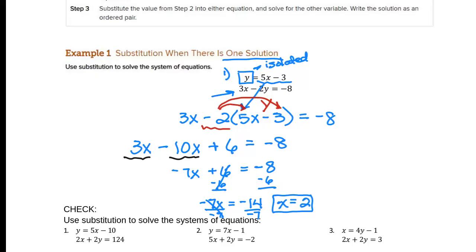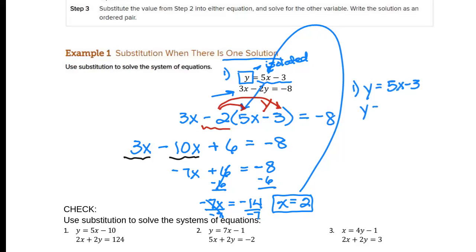So if I substitute this x equals 2 right here, it's going to give me y equals my answer very easily, right? So let's go back to equation 1 and say y equals 5x minus 3, and I'm going to substitute the 2 in place of the x.